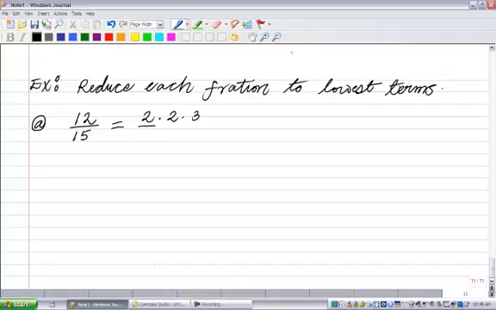And 15 can be written as 3 times 5, right? So I get rid of the common factors, 3 and 3, and then I get 4 divided by 5, right? So 4 divided by 5, that fraction is in lowest terms.